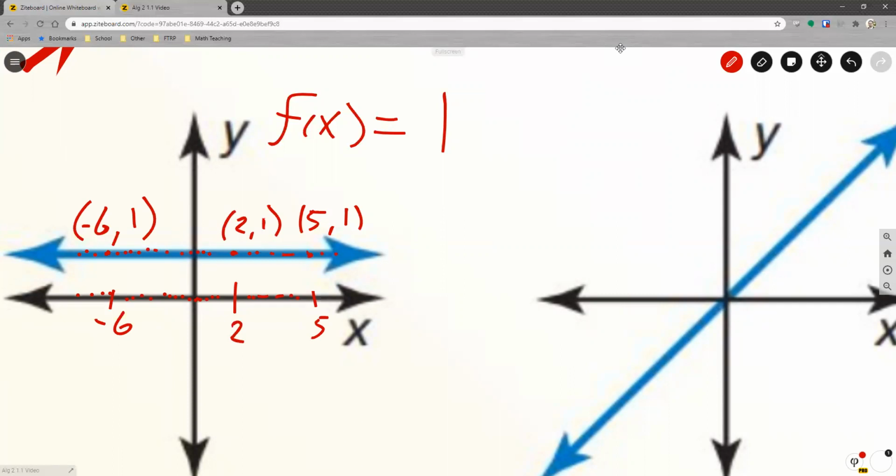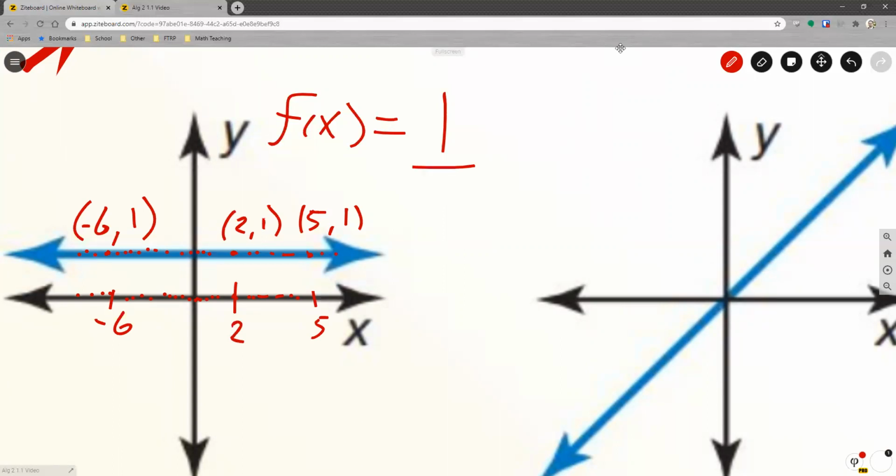When we talk about functions, we're always talking about using some input, which we usually use x for. The reason we use x is because we think of it as a number line. We pick a point on the number line. For instance, I pick the value 2 on the number line. I plug it into my function. I do some math. It kicks out an output. In this case, there's no actual formula. It's just always kicking out the number 1.